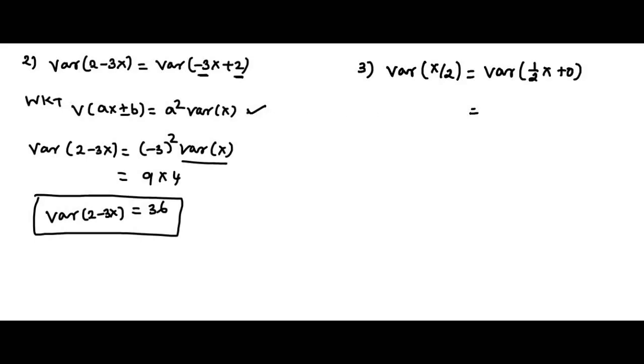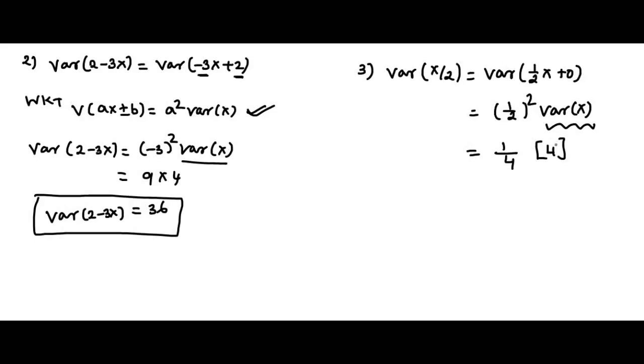Using this property, we can write 1 by 2 whole square times the variance of capital X. We know 1 by 2 square is 1 by 4, and the variance of X from the first question's answer is 4. So 1 by 4 into 4 gives the answer 1. Therefore, the variance of X by 2 equals 1.